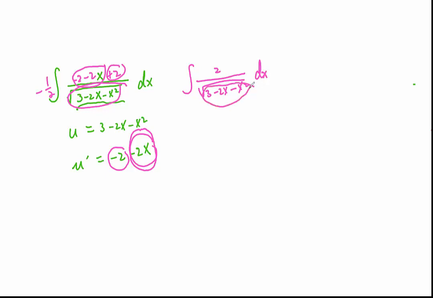Can somebody help here? Is there a way we can do something here to help us continue? Any suggestions? We need a perfect square. We haven't got a perfect square yet. So the first thing we're going to do is complete the square of this.